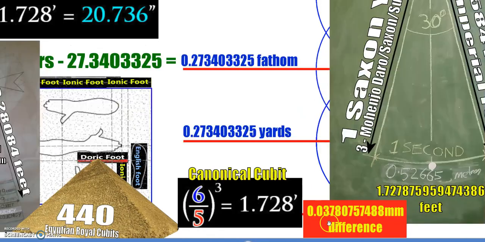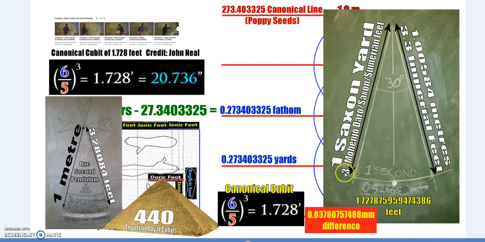That is a difference of 0.0378 millimeters from a canonical cubit of 1.728 feet. So the Saxon second pendulum, Mohenjo-Daro, ancient Indus pendulum, is effectively within 0.0378 millimeters of a canonical cubit.